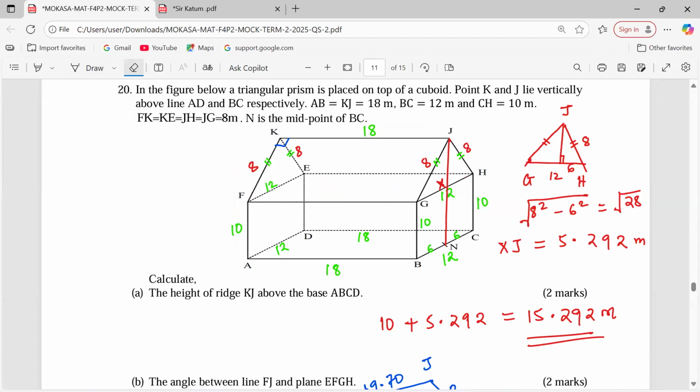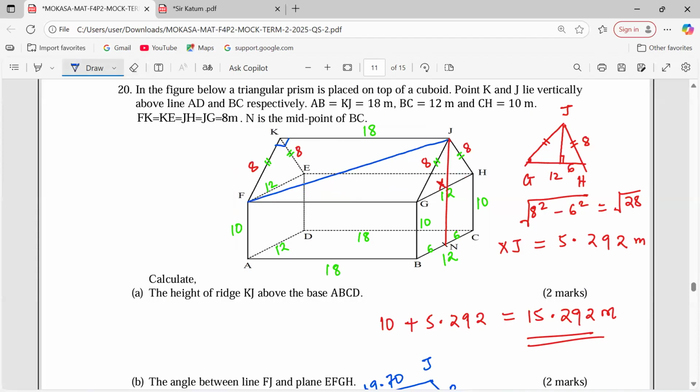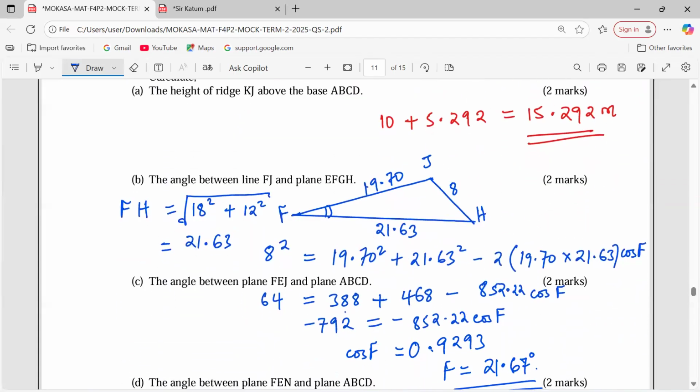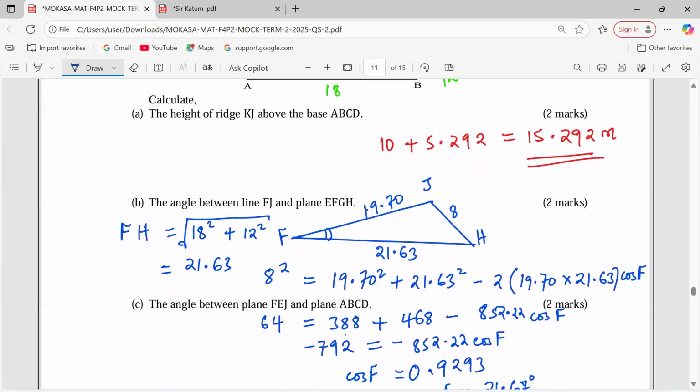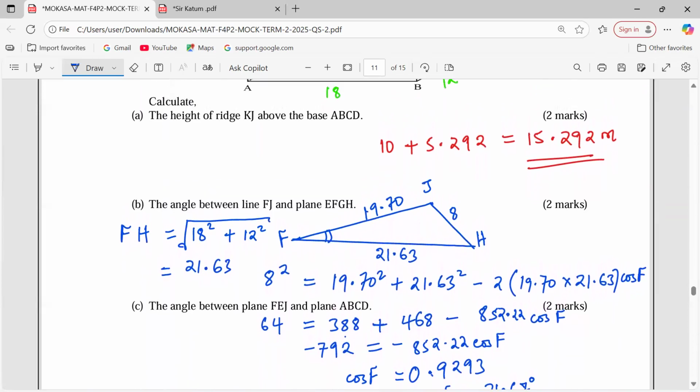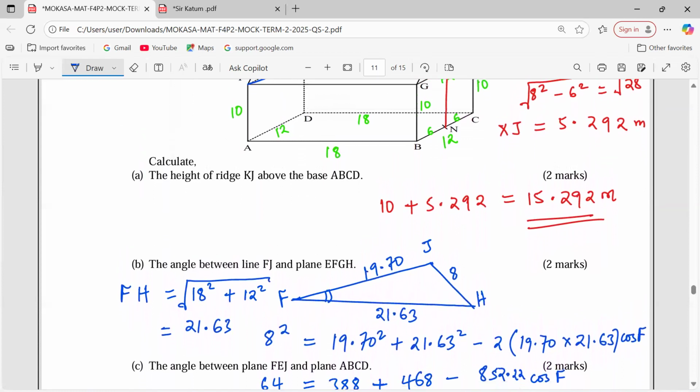You mean the sloping plane, from F to J, then from J down to E, like that. So that plane we want, together with which other plane? The plane FEJ with ABC.